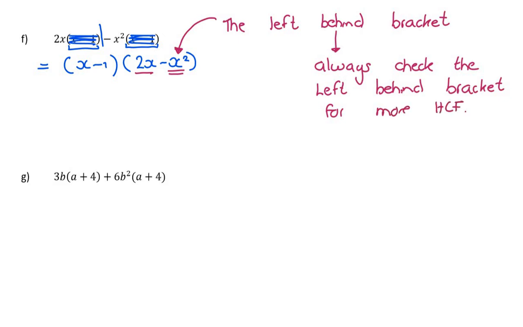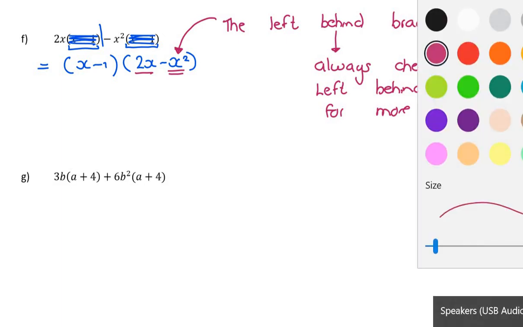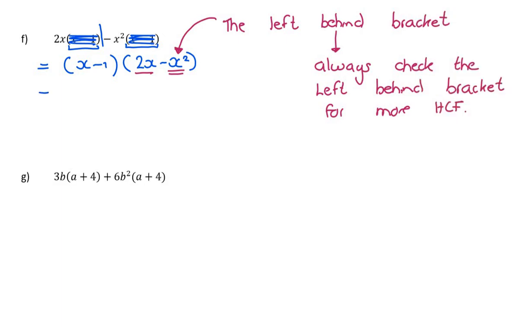So sometimes it's not only the bracket that was common. In this case, for example, yes, the x minus 1 was common. But if I look at 2x and minus x squared, x is also common. So now I'm doing a little mini highest common factor within the question. So I say to myself, what must x be multiplied by to get 2x? 2. What must x multiply to get minus x squared?